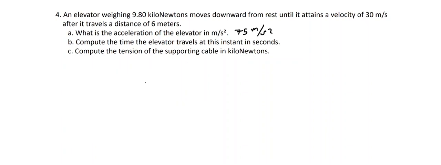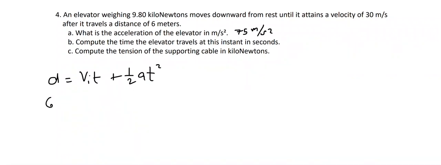For the second problem, we will use another equation in kinematics to solve for the time the elevator travels at this instant in seconds, that is, the distance d equals the initial velocity times time plus 1/2 the acceleration times the time it takes to travel squared.